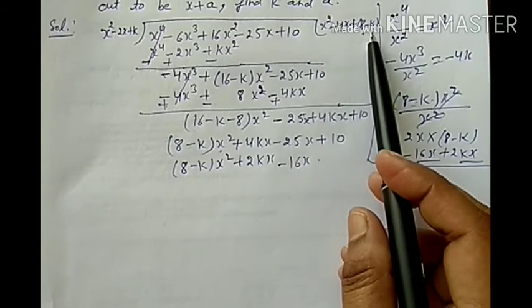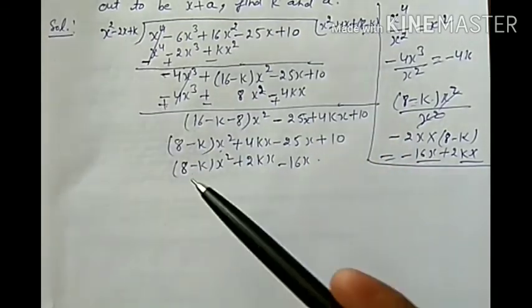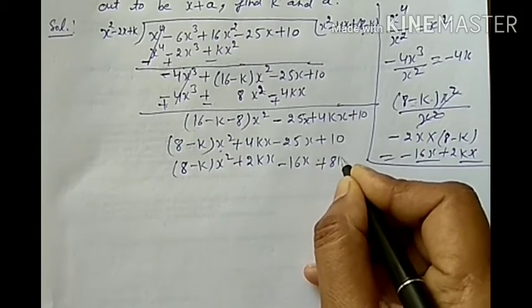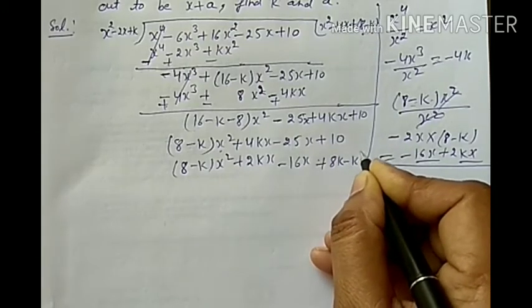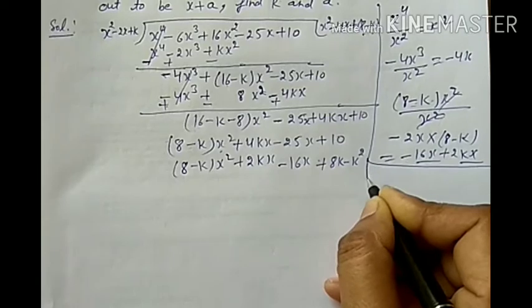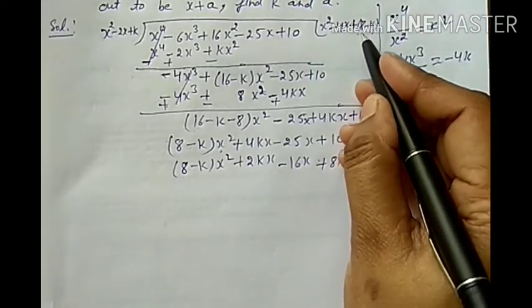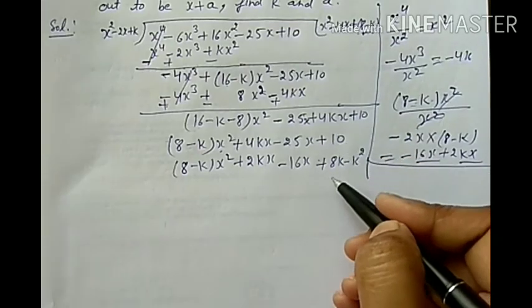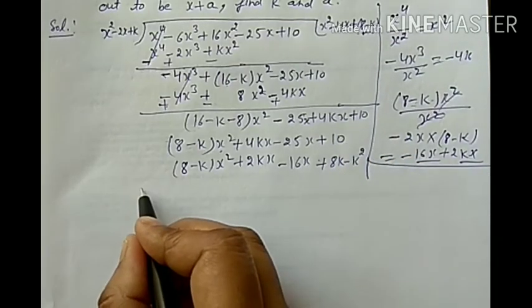Now 8 minus k multiply by k. So we get plus 8k minus k square. Now look carefully that it is the constant term. So we are writing below the constant term.